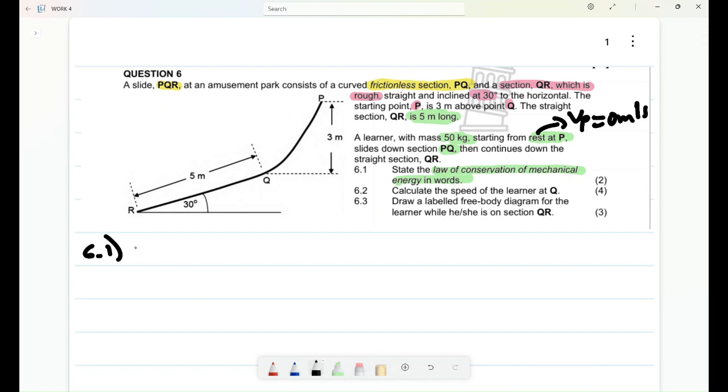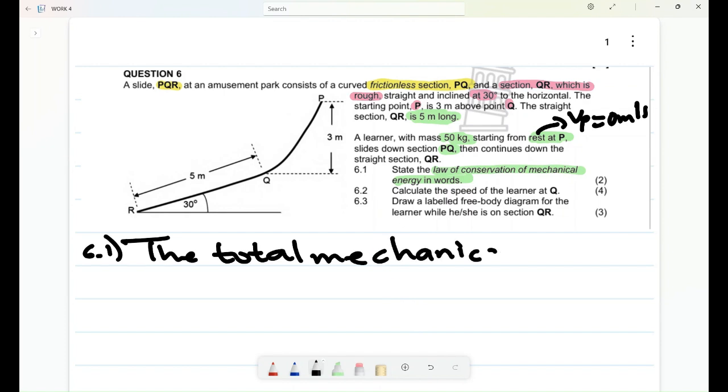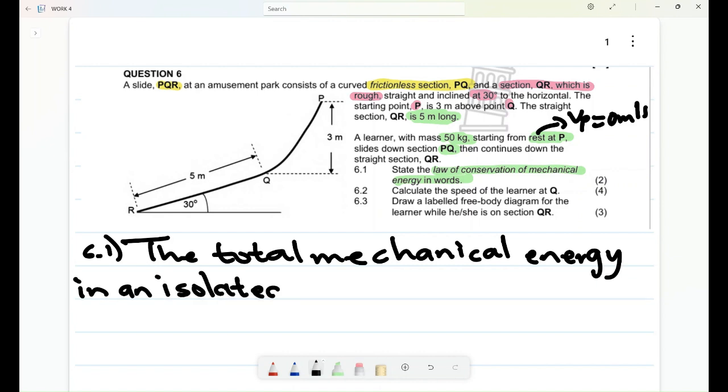It says now the total mechanical energy in an isolated system is conserved.